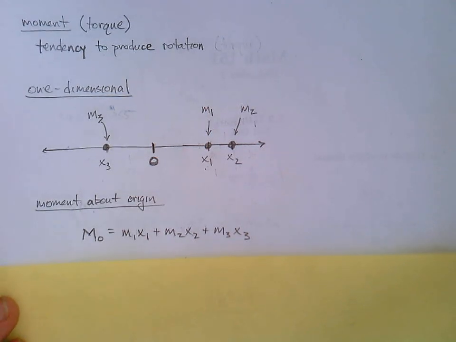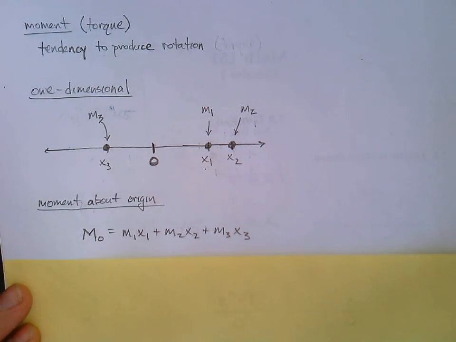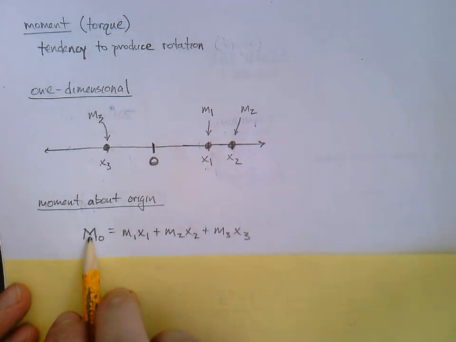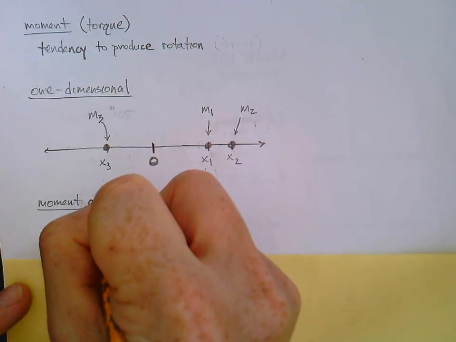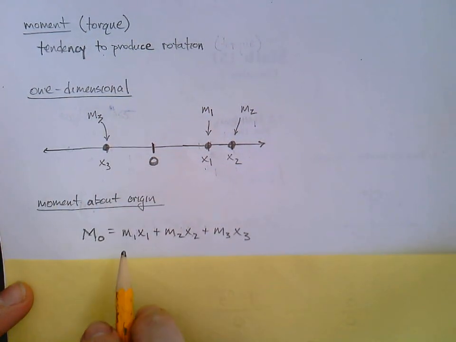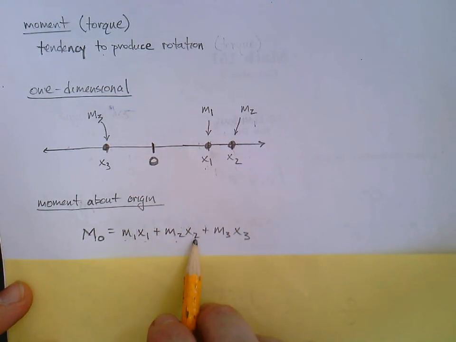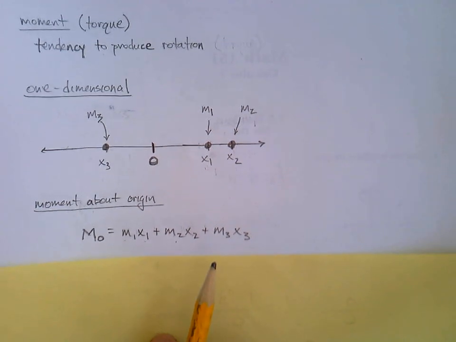So now how would we go about calculating the moment in this one-dimensional case? We'd call it the moment about the origin, m sub o. We take the sum of the products of the masses and their distances: m1 times x1 plus m2 times x2 plus m3 times x3.